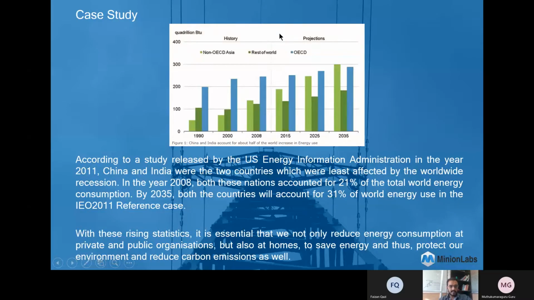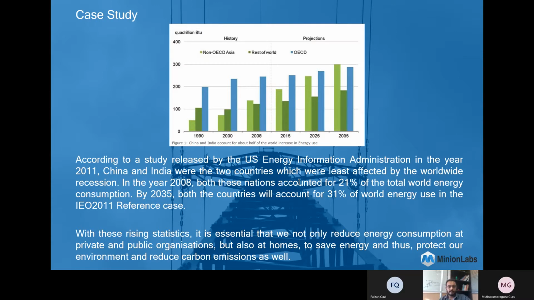There is a case study conducted by the US Energy Information Administration. According to it, in 2011, China and India were the two countries least affected by the worldwide recession. In the year 2008, both these nations accounted for 21% of total world energy consumption.